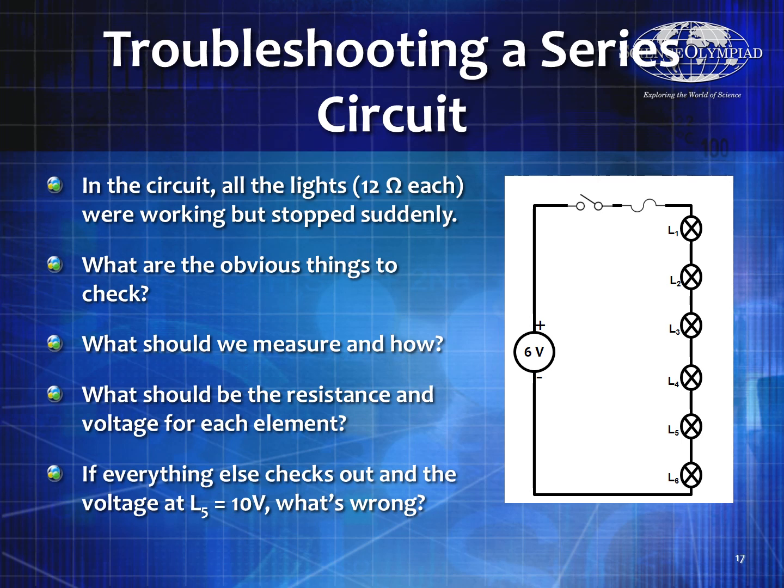So I'm going to take my voltmeter, I'm going to check and make sure that my 6-volt battery is still working. Well, it is. Okay, now I'm going to check the voltage across my switch and see if my switch stopped working. No, wait. Maybe I should check something even simpler. Maybe I'm going to look and see if my switch is actually closed. Oh, it is closed, so the system should be working.